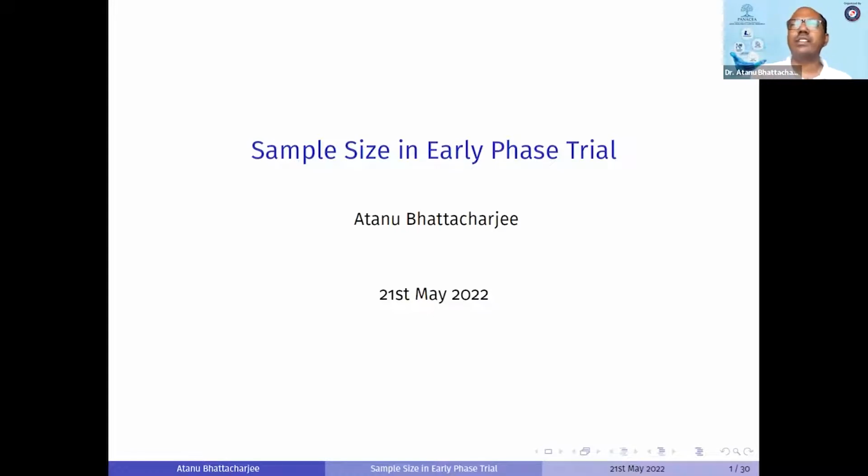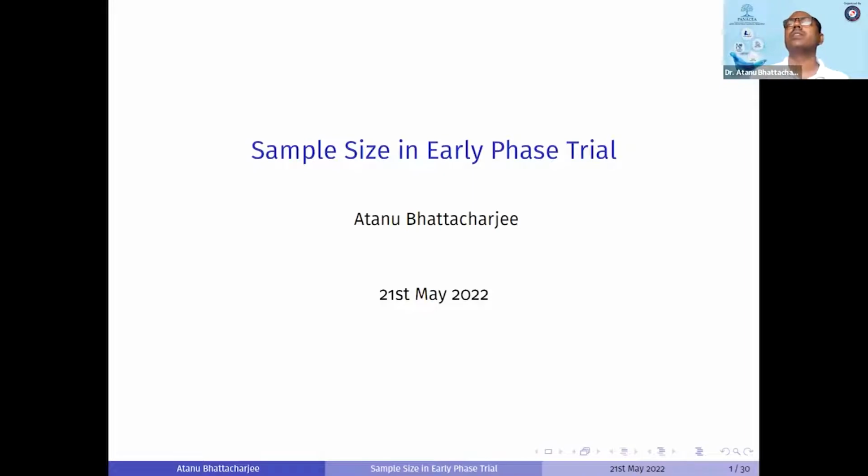Phase 4 is very rarely done, and it is mostly real world evidence data, so you don't need to worry too much about conducting a proper trial, because people already have data and just monitor what happens. It is post-marketing surveillance altogether, so you don't need to worry about calculating a sample size formula for a phase 4 study. So leave that one.